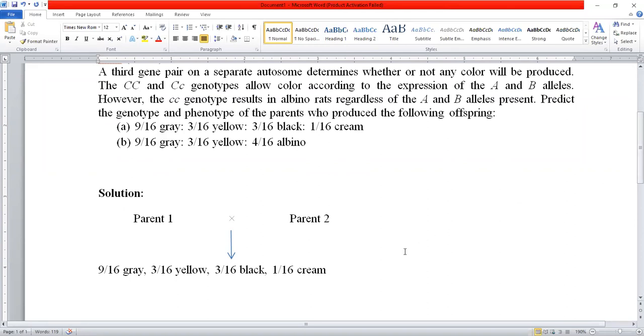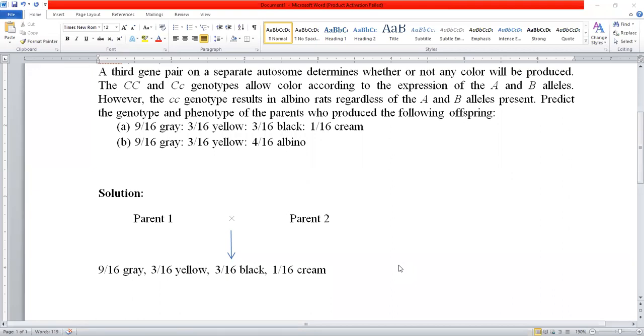So when we look at this phenotype ratio, it is clear that the total number of offspring in the next generation comes out to be 16. So keep in mind that if the ratio in the next generation comes out in sixteenths, it predicts that two genes are in heterozygous form.